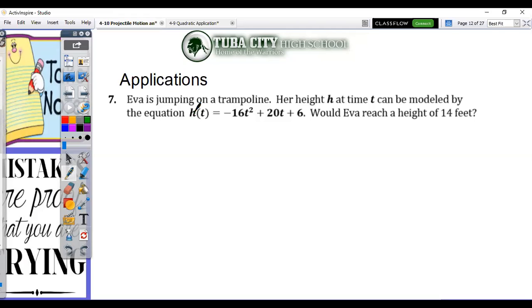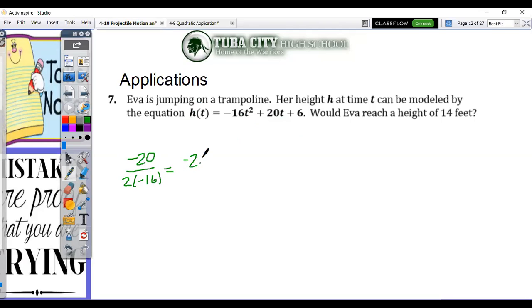The other way would be to find the axis of symmetry and plug it back in and see if it works. So you'd pretty much do the exact same thing we did on the previous problem.